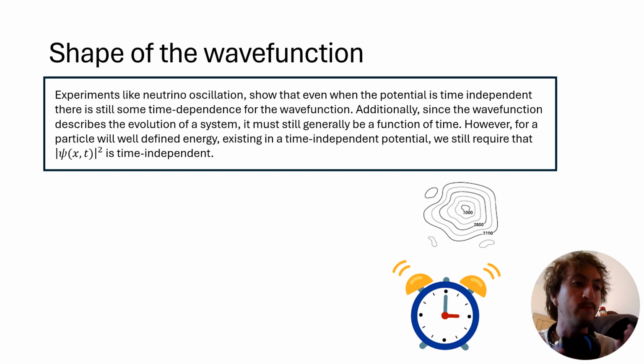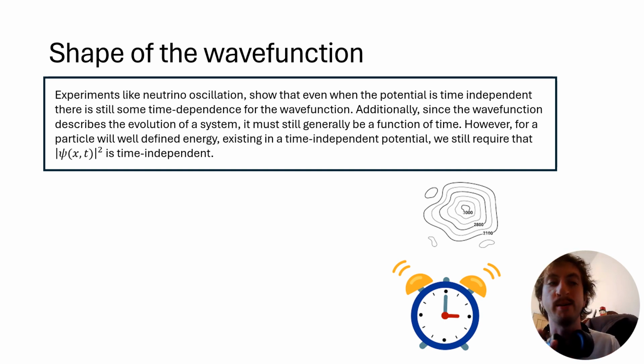But due to Heisenberg's uncertainty principle that relates position and momentum, this impact on the shape of the wave function in momentum space will cause an impact on the shape of the wave function in physical space. And due to this, if you have uncertainty in energy, you don't strictly get a time-independent shape of a wave function in physical space, even if the potential is time-independent.